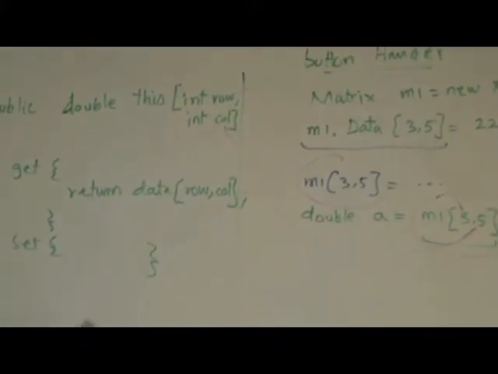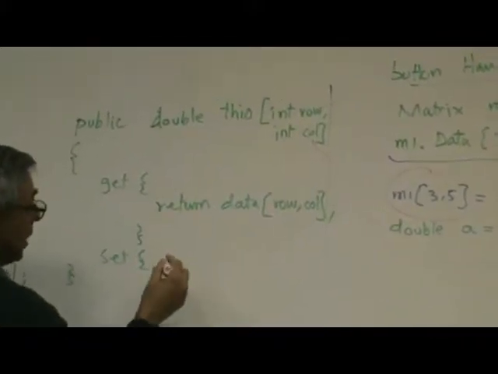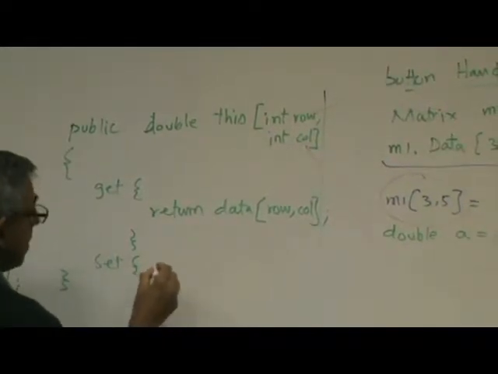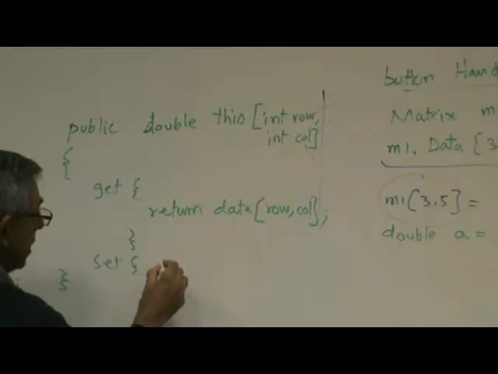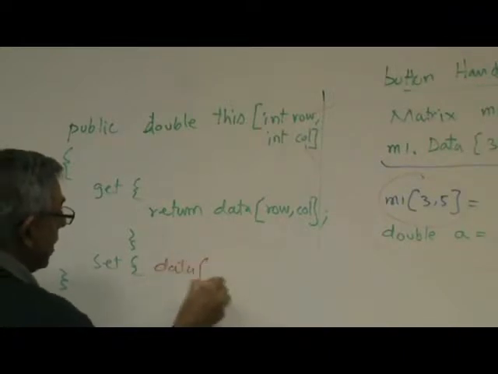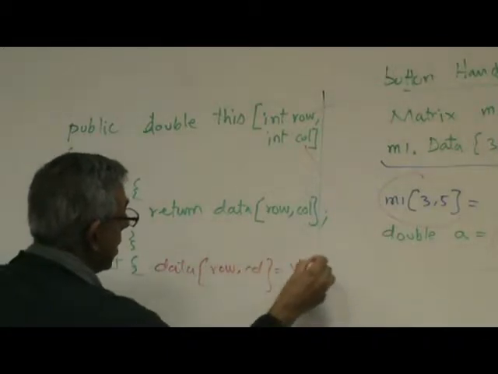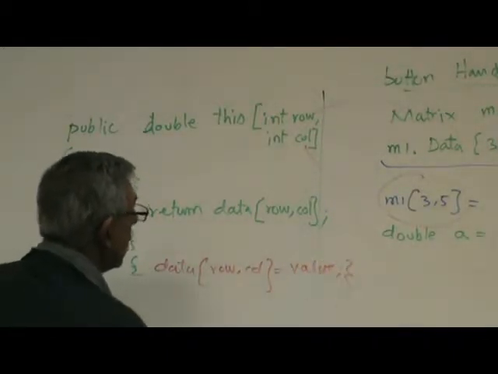So what will the set part do? The set part will simply do data of row, comma, column equal to value.